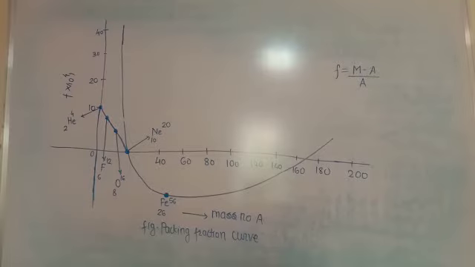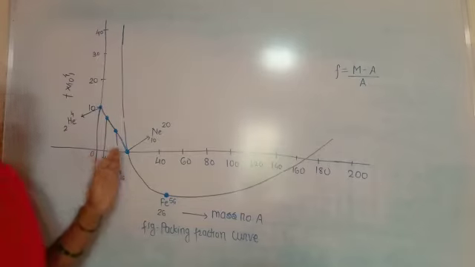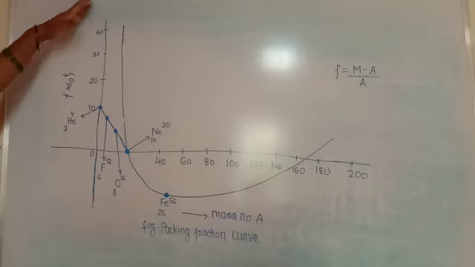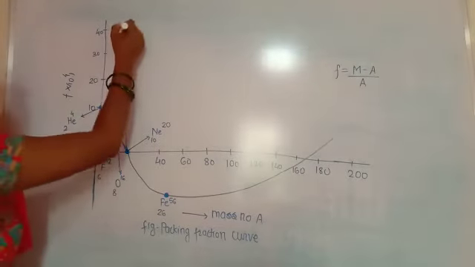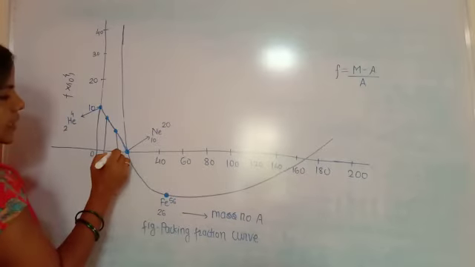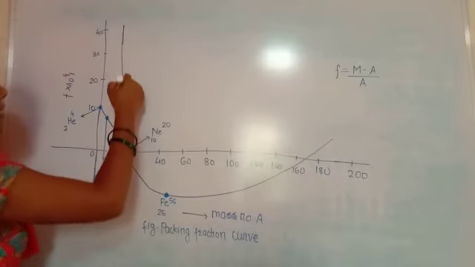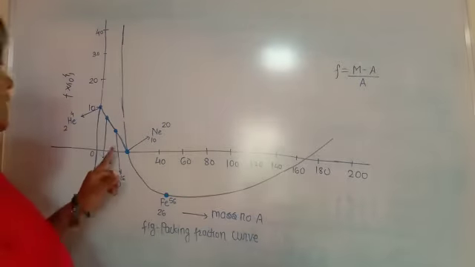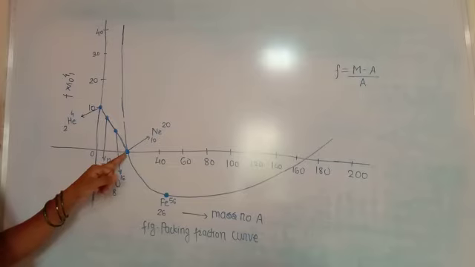Second, as the mass number A increases, the packing fraction goes on decreasing, until it becomes 0 for A equal to 16.